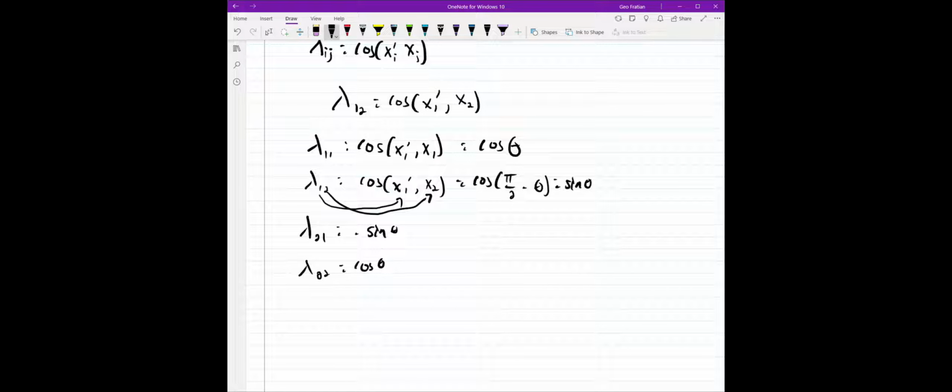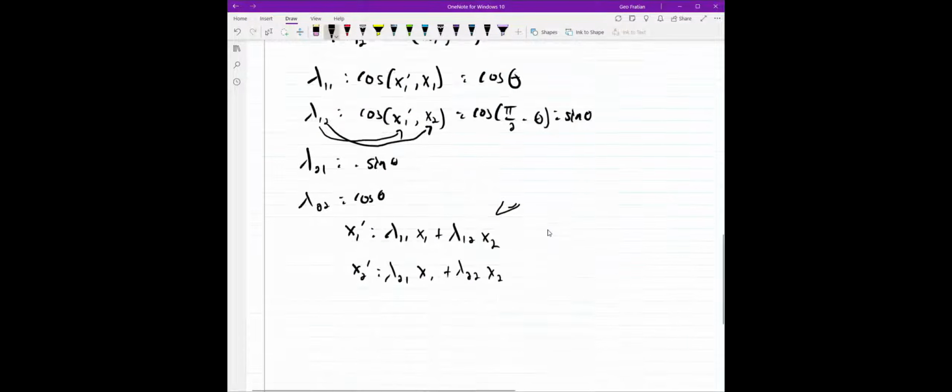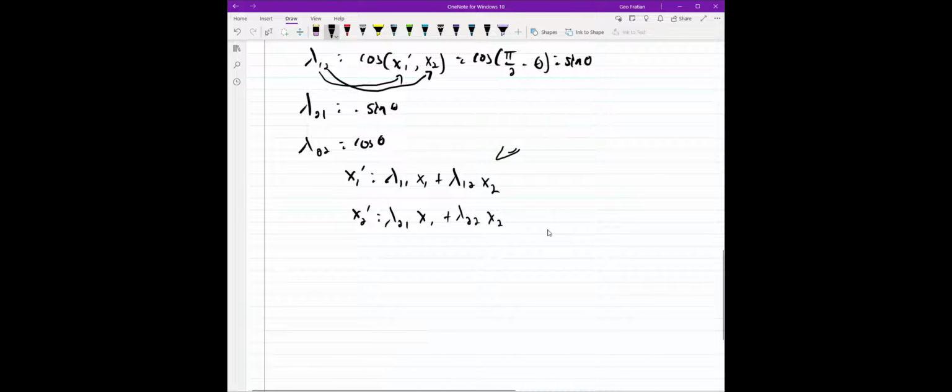So we get some equations of transformation that tell us x1 prime is equal to lambda 1,1 x1 plus lambda 1,2 x2, and then x2 prime is equal to lambda 2,1 x1 plus lambda 2,2 x2. And feel free to verify for yourself that this is the same as the equations we derived up here.